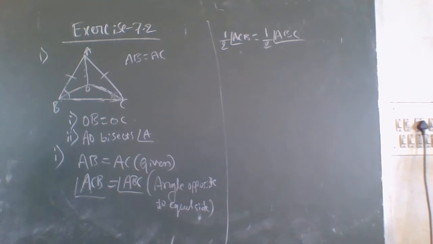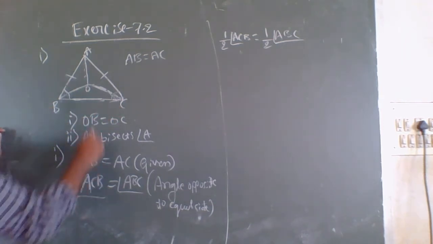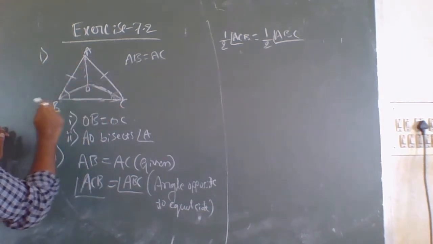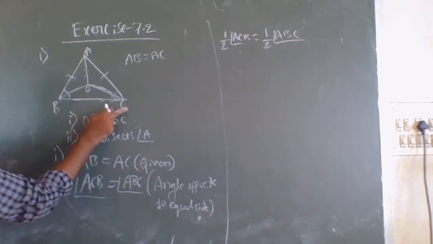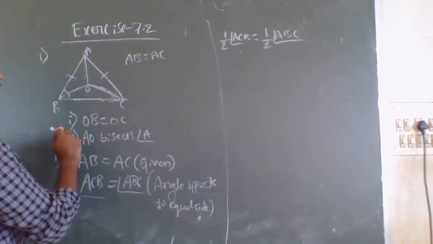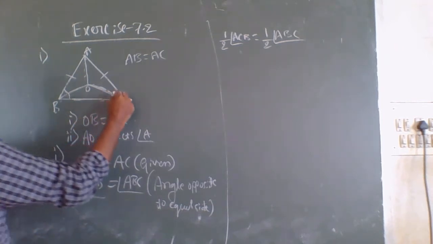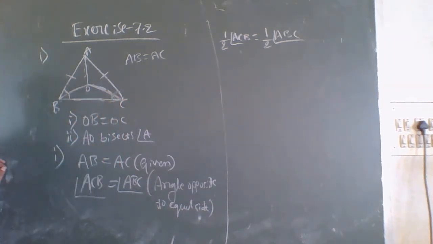Now 1 by 2 angle ACB, what will you get? Angle OCB. 1 by 2 angle ACB you can write as angle OCB, because this OC is the bisector of angle C. Therefore, this angle and this angle are equal to each other.